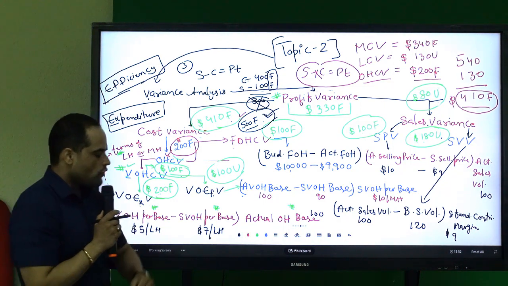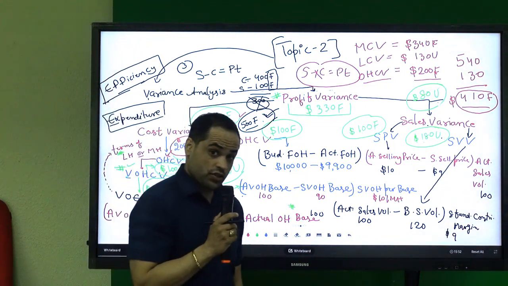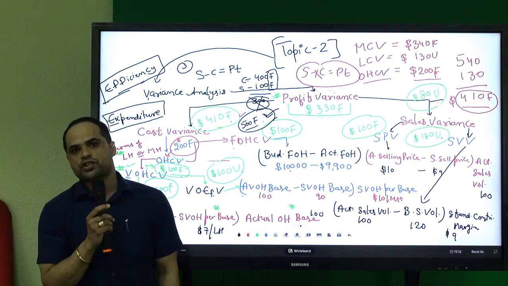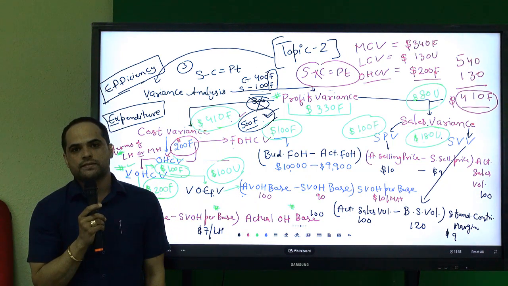So now we move on to the last learning outcome, which is more discussion based, as I told you in the beginning of the lecture, which is the possible causes.